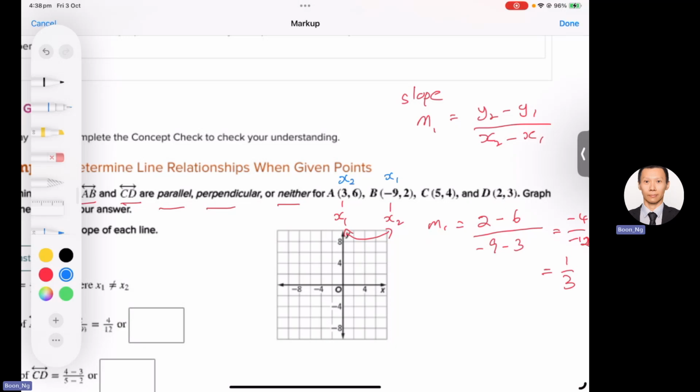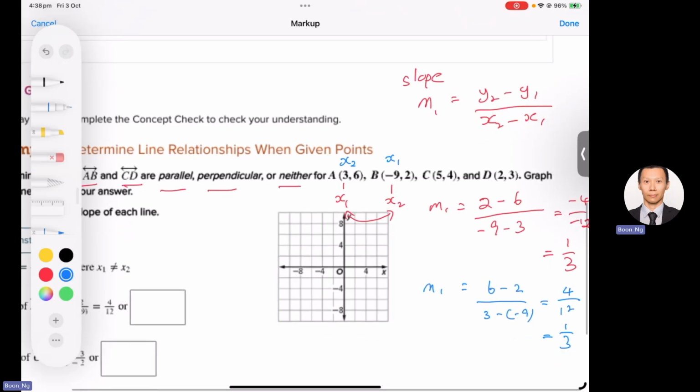We do m1 again: 6 minus 2 over 3 minus 9. If you look at the math, it will be 4 over 12, which gives 1 over 3. So it doesn't really matter which one you put as x1, y1, x2, y2.